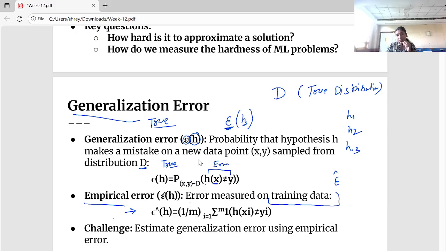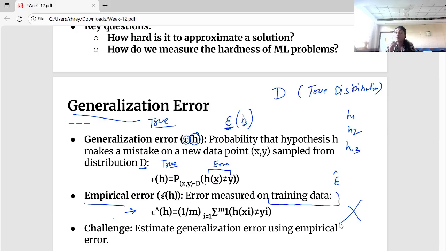Now the question arises: is the empirical error the same as the generalization error? The answer is no. It is not the same. It is not possible for the empirical error and generalization error to be equal to each other. But we want to have that data in our system so that this empirical error can move closer to the generalization error.